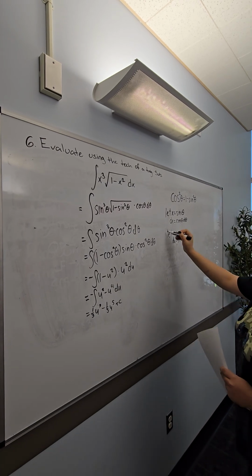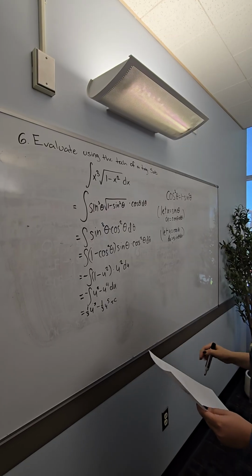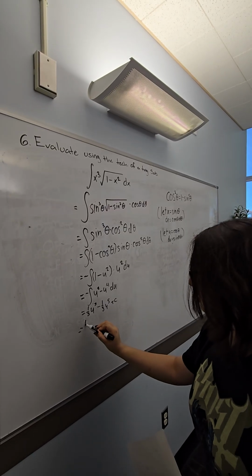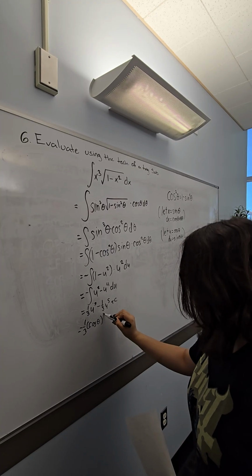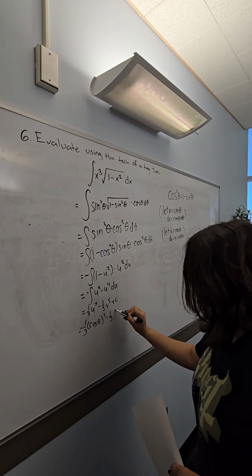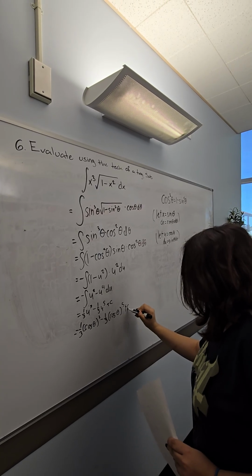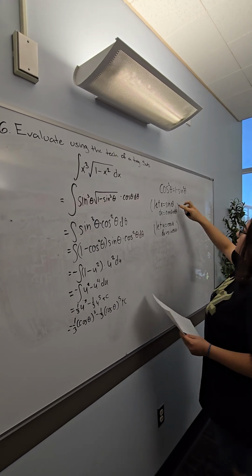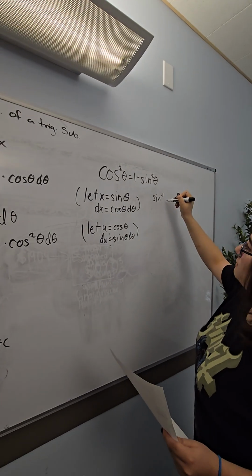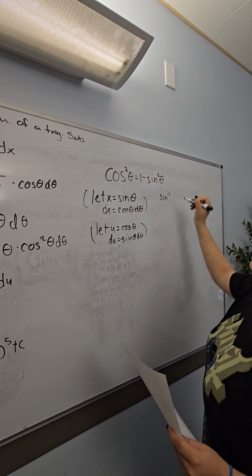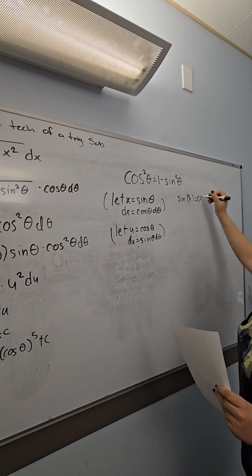And this is where you'll plug everything back in so you can return to the original function. So first you'll plug in cosine theta, and then over here, our x, when you take the sine inverse of both sides, you'll get sine inverse of x equals theta.